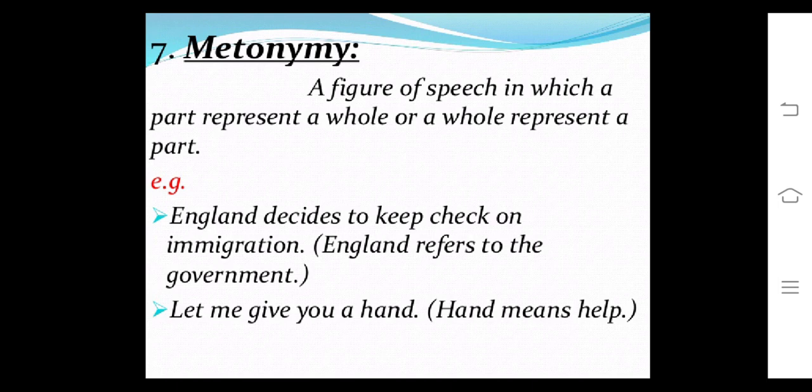Without using straight words, we put in some substitute for the same word, and that is metonymy. We're using words in another way.